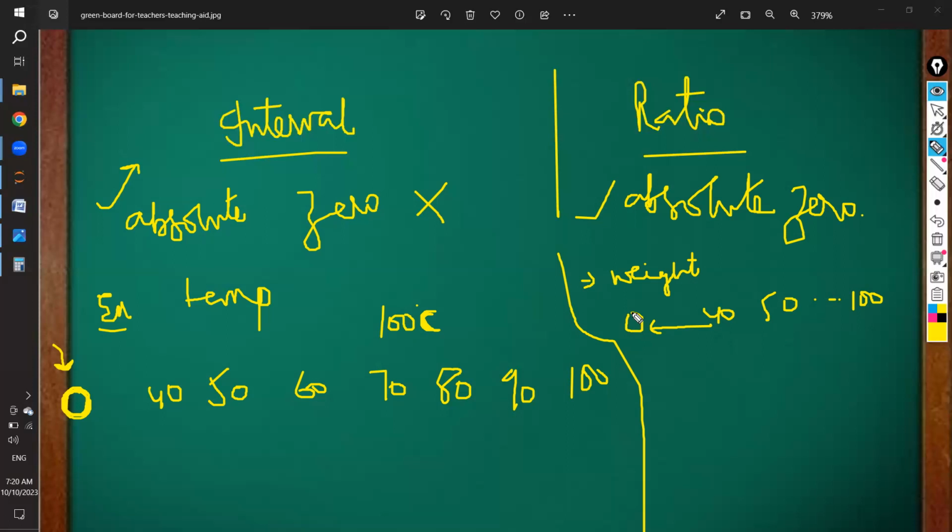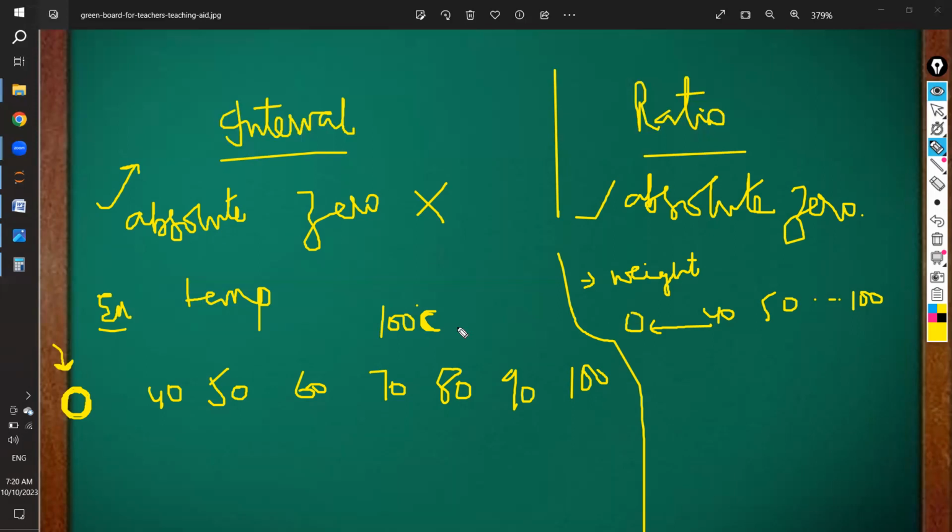Even if it is a feather or an iron, it should have some weight. If it is 0, that obviously means it is not existing. So that is an actual absolute 0.